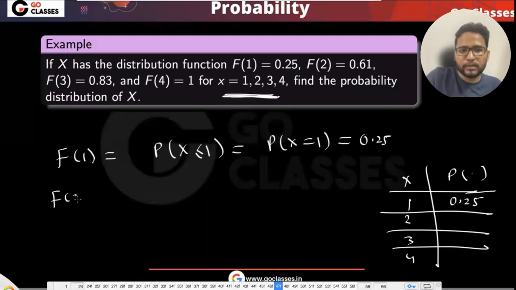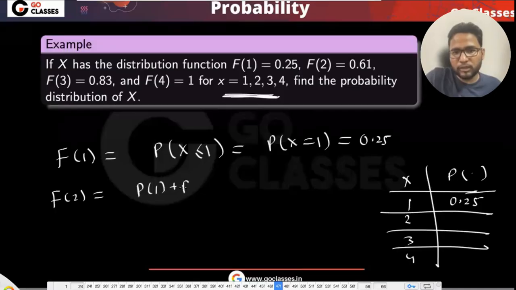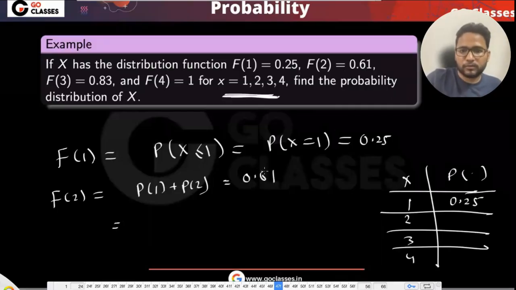F2 will be p of 1 plus p of 2, as there are only 2 possible values up to this point. P of 1 you already know, and F2 is given to you, which is 0.61. So p of 2 you can get as 0.61 minus 0.25. That's how you can get p of 2.